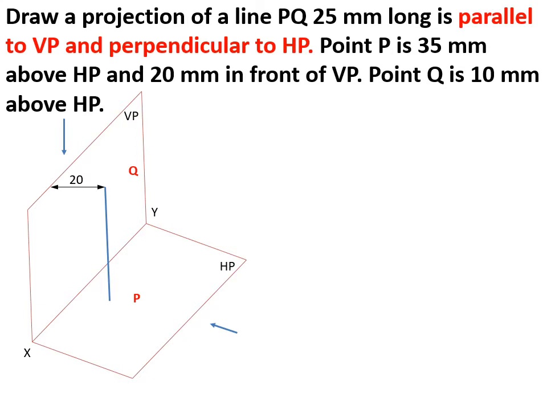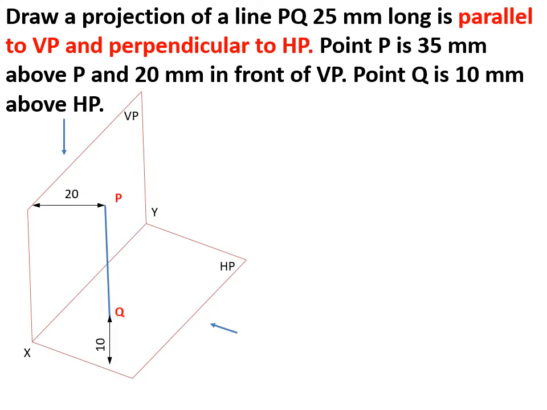You read the question: point P is 35 mm above HP, but point Q is 10 mm in front of VP. If you mark P at the lower end, you may not satisfy this condition. So you have to change the position of these points: P at the upper end and Q at the lower end.